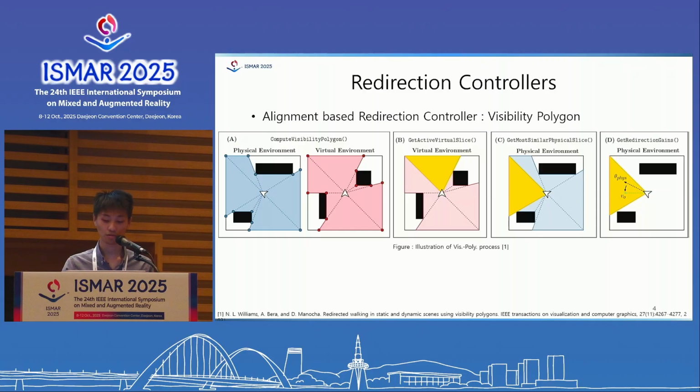Next, the controller uses a shape similarity metric to find a physical slice that best matches the user's current virtual slice. The shape similarity metric here is based on the polygonal area. However, this design has a drawback. Because the slices may have different inscribed angles, two slices can have the same area but very different shapes. This often degrades the alignment performance.